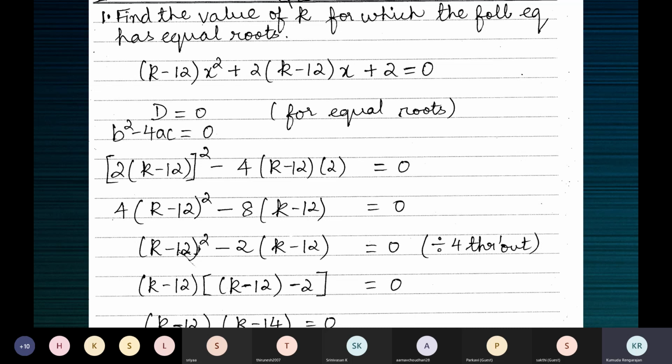Okay, so k minus 12 common. K minus 12 is common. So k minus 12 into k minus 12 is k minus 12 the whole square minus 2 into k minus 12 is equal to 0.